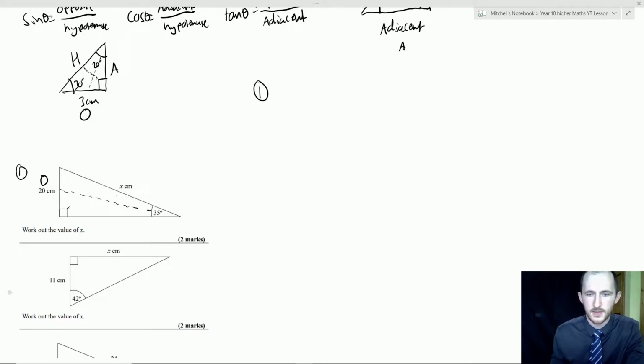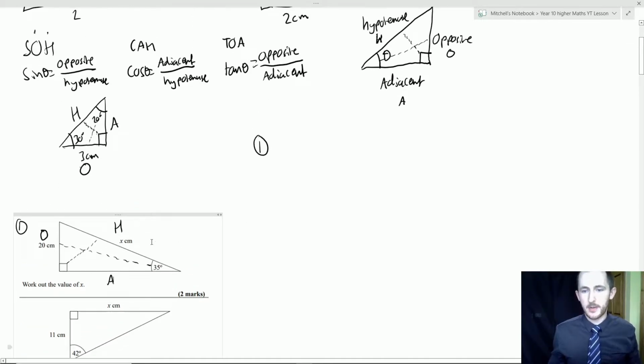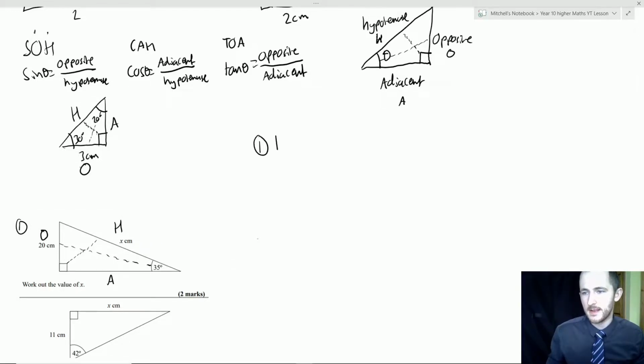Again, a dotted line going from the right angle means that this side is the hypotenuse. The last side has to be the adjacent. So now we've labelled up our opposite, hypotenuse and adjacent respectively. Let's see what the question's asking us. It's asking us what the value of x is. In other words, we're finding h, which is the hypotenuse.